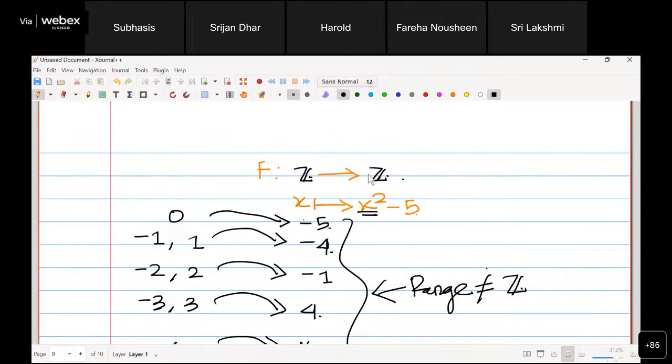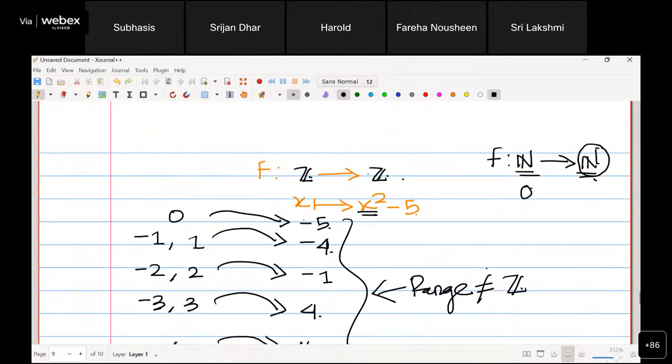If that relation is not a function, then I don't have to go there and check. So why is it not a function? When I write N to N, what is the meaning of this? That means the images of all the elements should land inside N, right?